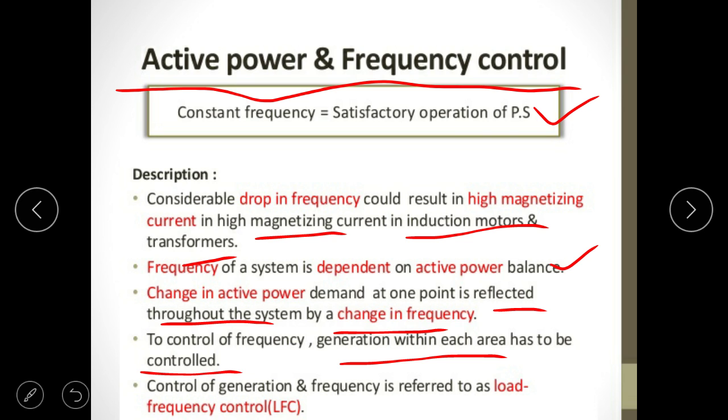There should be a controller at each generation to control the active power generation, due to which frequency can be controlled. So control of generation and frequency is referred to as load frequency control, that is LFC.